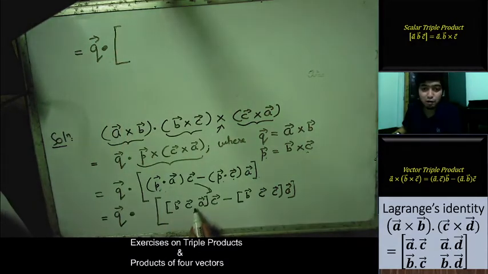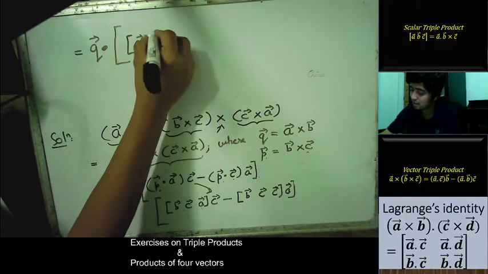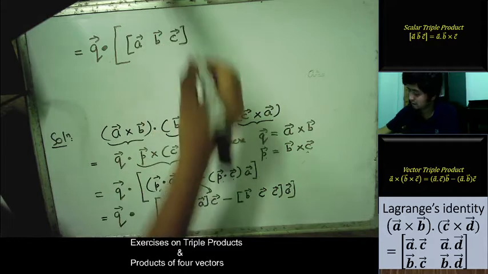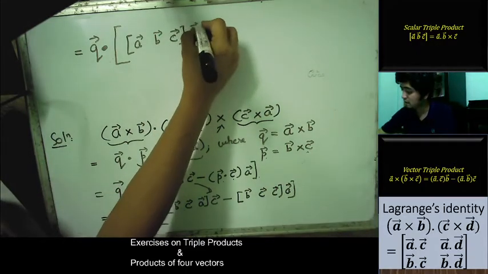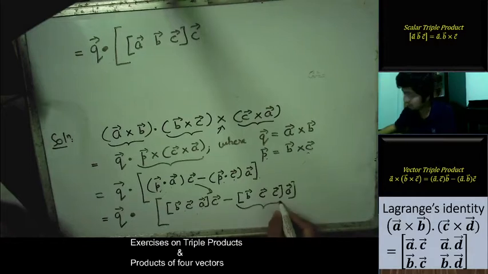This box product, we can interchange the order if you remember. We can write this one as a, b, c. So a, b, c we can keep as it is. And over here, b, c, c. But what is the value of this one? The value of this box product is 0.